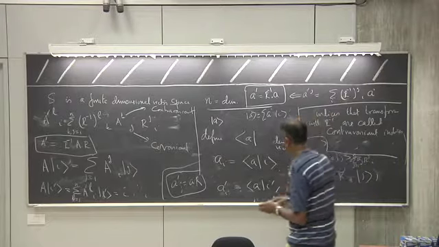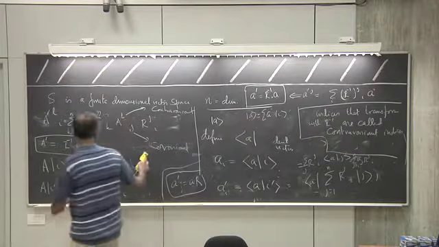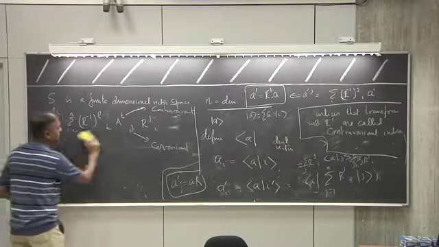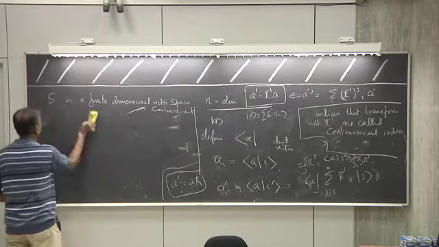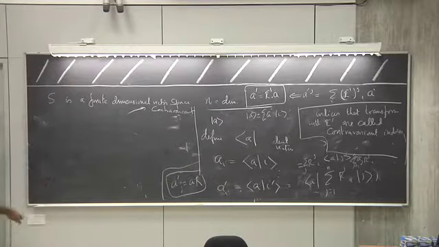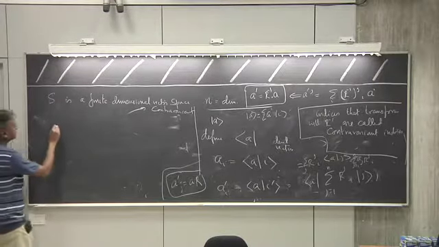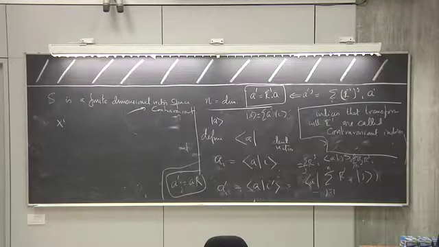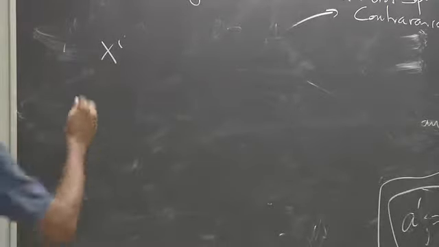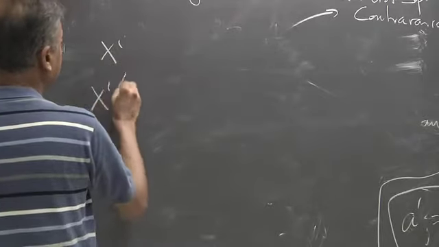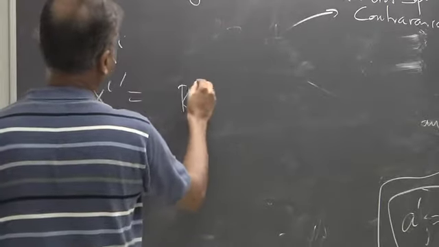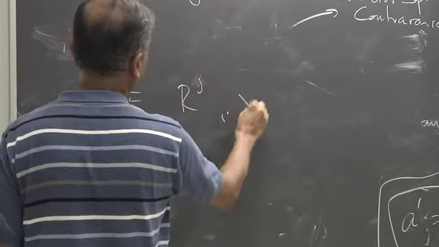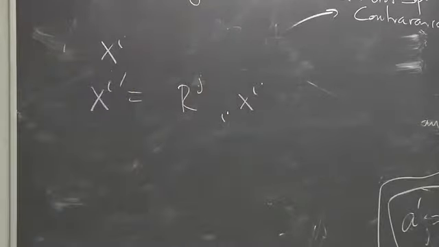But let me forget that for the moment, and let me come back to your question, which is one way to see this. The difference between these two is like this: suppose I have some coordinates x_i. I can make some transformations in the coordinates. I can go to x_i prime, which is simply R_ji x_j, a linear transformation.